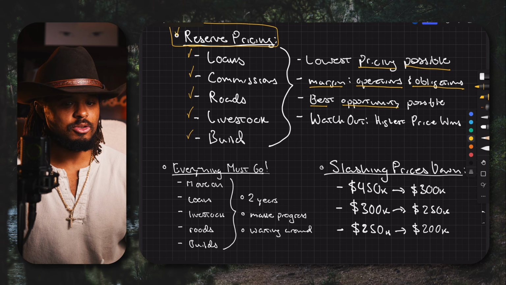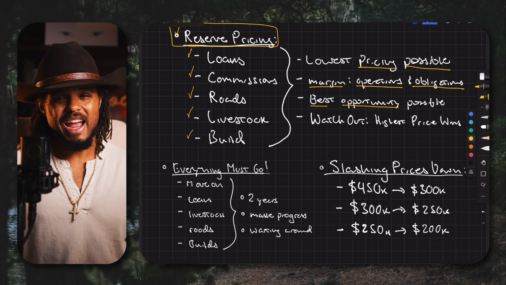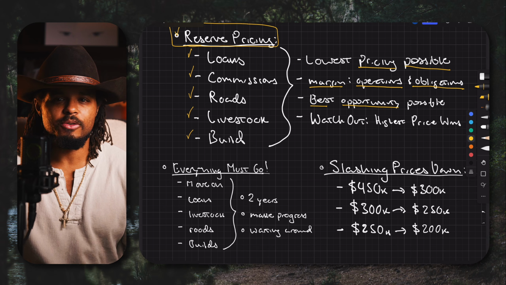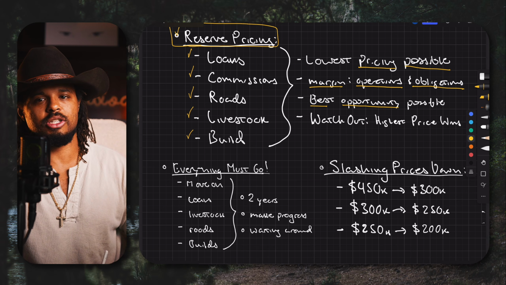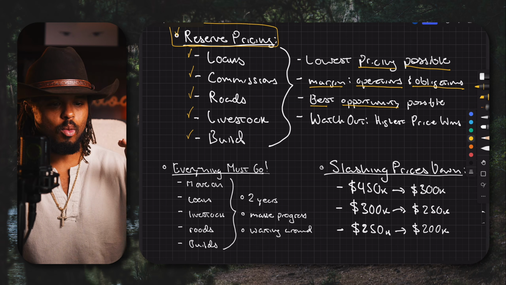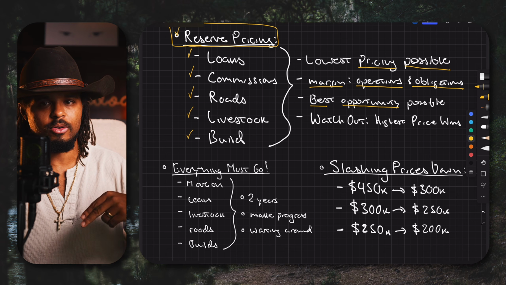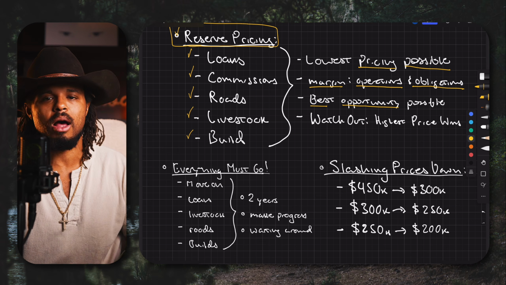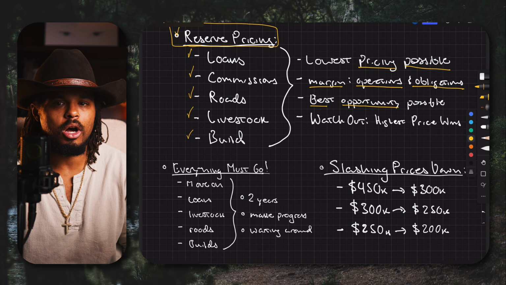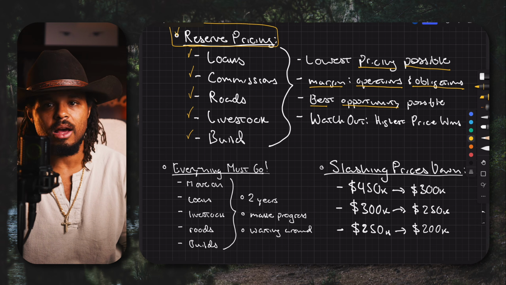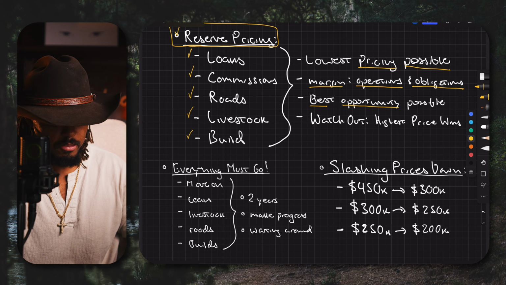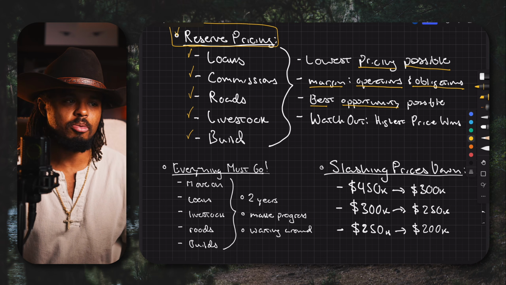This idea of reserve pricing, I actually get it from eBay. If you go to eBay, every single auction will say starting at X dollars, and you can't bid below whatever the seller says is the lowest amount. So sometimes it'll be $1, but other times it might be $1,000, and they're just not going to allow anybody to go below that reserve pricing.